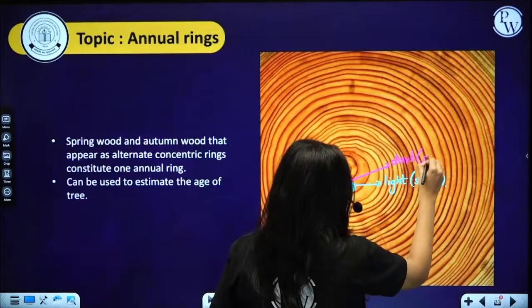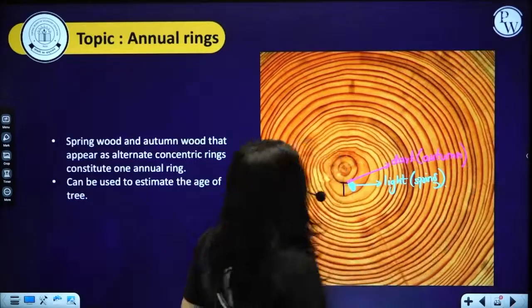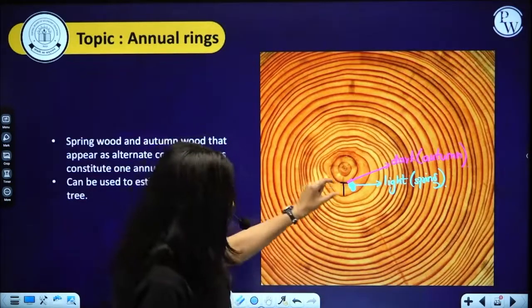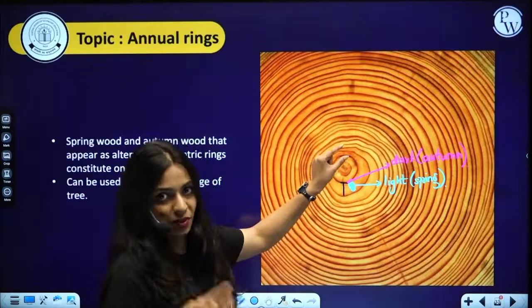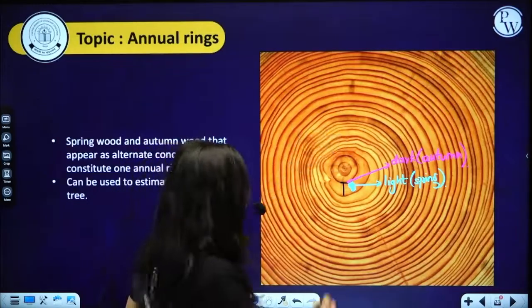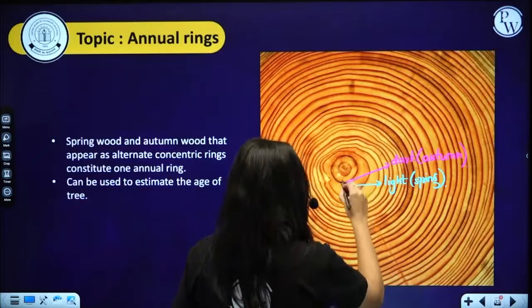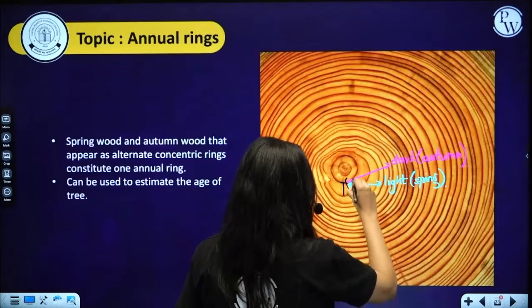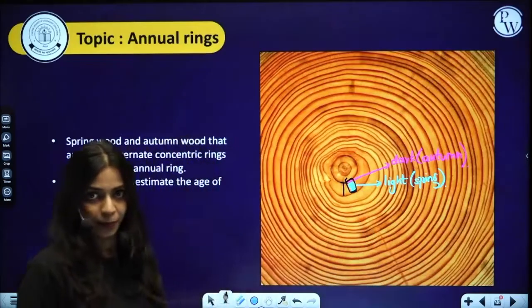This represents autumn wood or late wood. In a year, you will have one light colored ring formed because of spring wood, one dark because of autumn wood. So one ring of spring wood and one ring of dark wood or autumn wood, this will give us one annual ring.